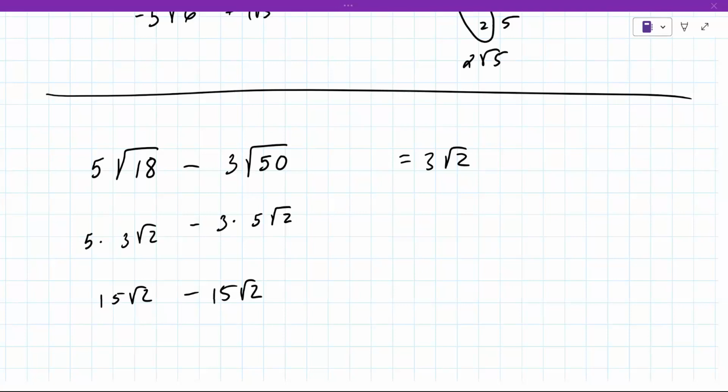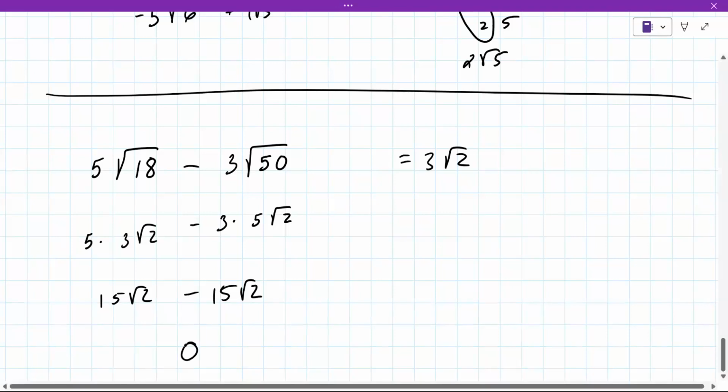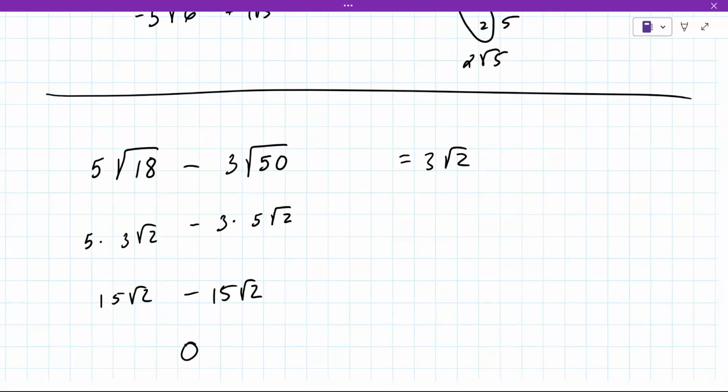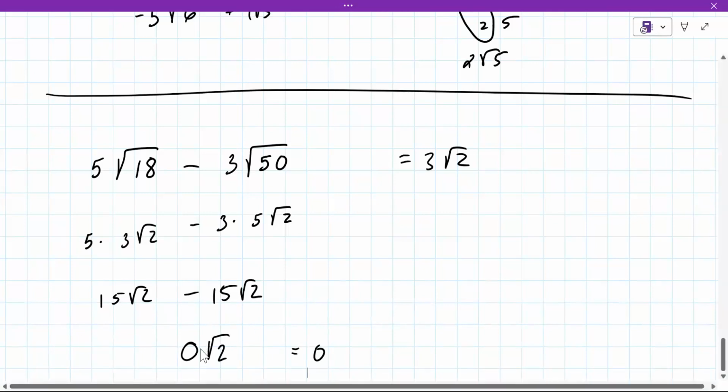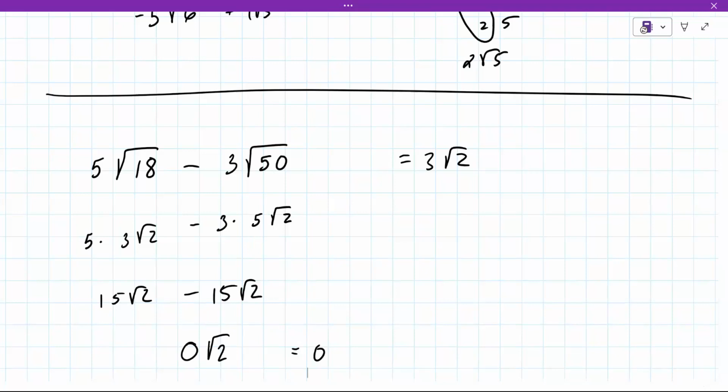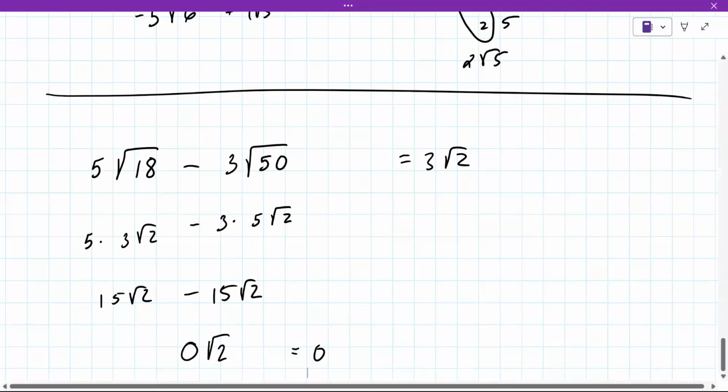Okay, so I got 15 rad 2 minus 15 rad 2. So then wouldn't the 15s cancel out and it'll just become radical 2? Well, if they cancel, it's 0 root 2, which is 0. Yeah, because anything times 0 is just 0. That's right. Very good.